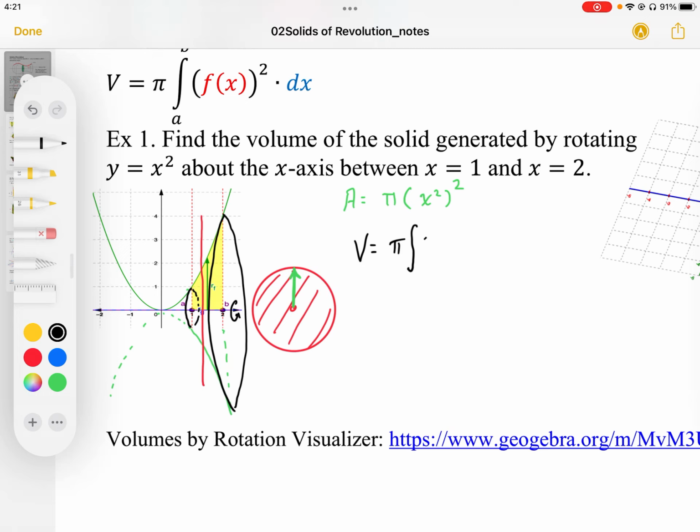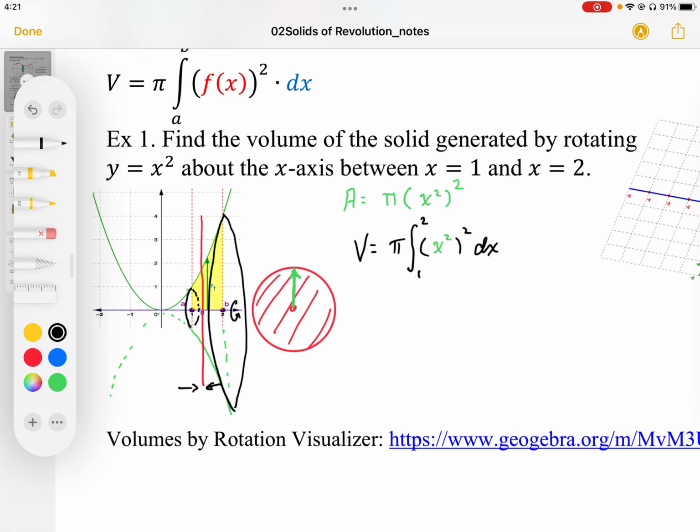So pi r squared, and again, my r is the radius, x squared, and I'm going to give it some dx thickness like that, and then I'm going to add it all up, and I'm going to do this from x equals 1 to x equals 2.